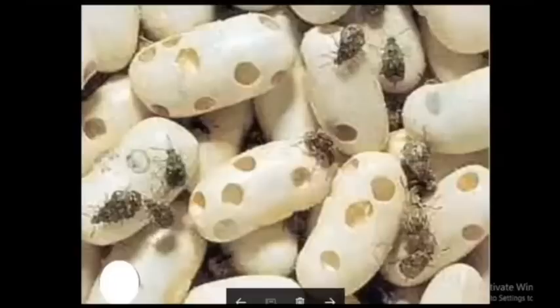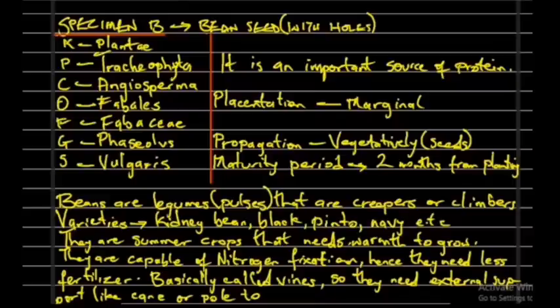This is another pictorial representation of what we are talking about. All of these bean seeds have been perforated by the bean weevil that you are seeing on them. So that is that about bean seed with holes.